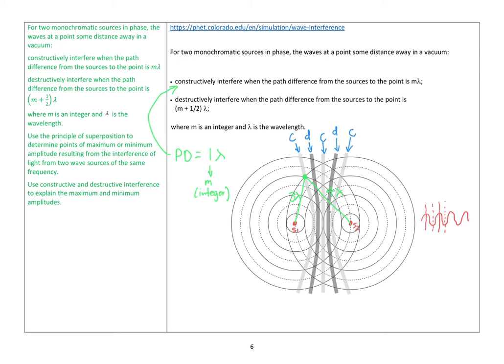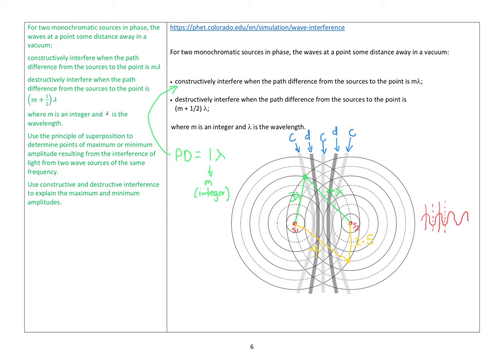However, let's consider maybe over this side a spot. Let's pick this spot here, and we can see that wave there travels 2.5 wavelengths. And from S1 we go 1, 2, 3, 4 wavelengths.